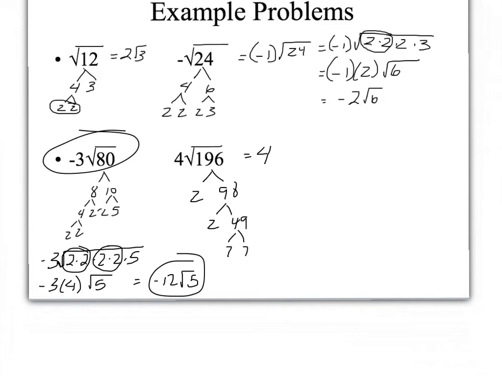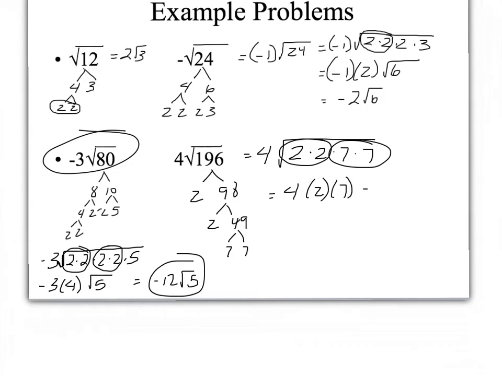So this is nice. We end up with 4 times the square root of 2 times 2 times 7 times 7. Square root of 2 times 2 and the square root of 7 times 7. That leaves me with 4 times 2 times 7. And there's nothing left under the square root, so we no longer have a square root.